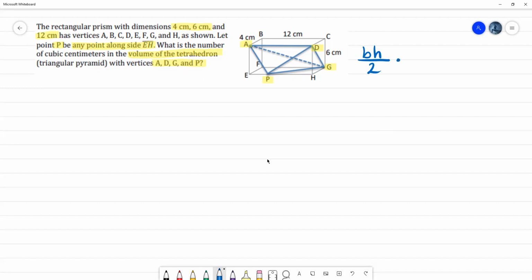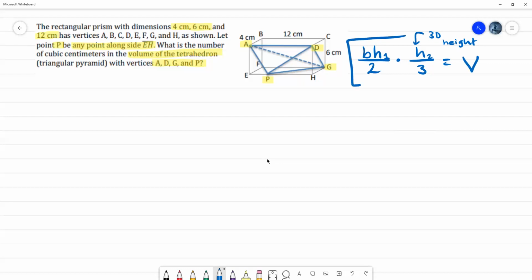So using that, you do the triangle base area times the height of the tetrahedron over 3. This will be base height 1 and this will be height 2, and height 2 will just be the 3D height of the whole tetrahedron. And that should give us our volume.